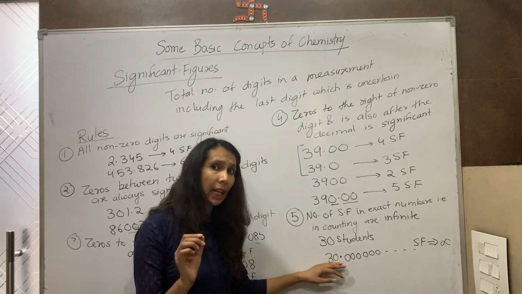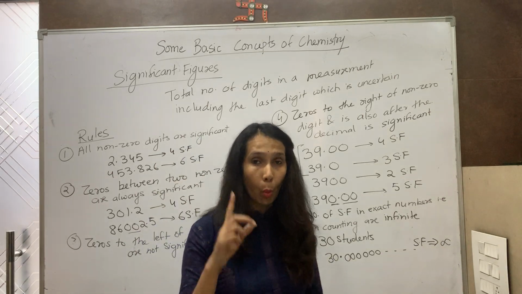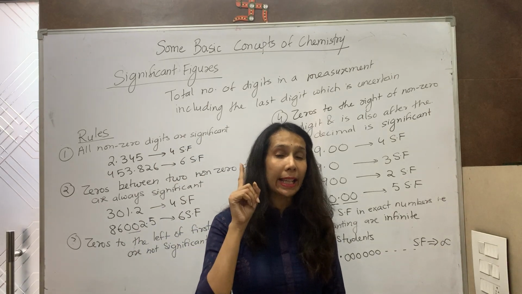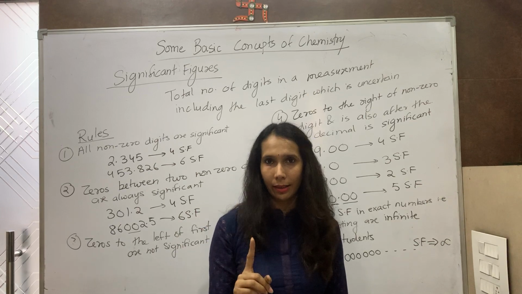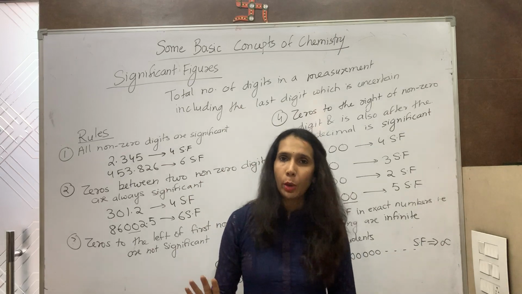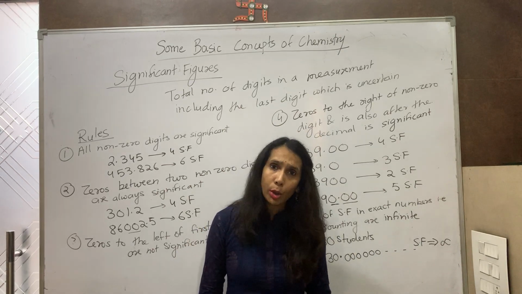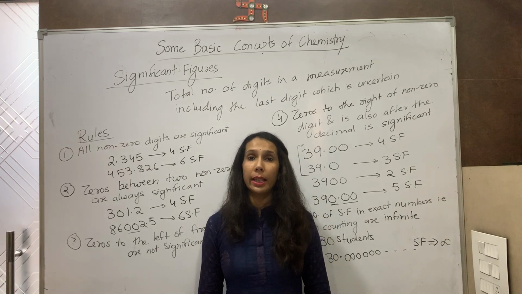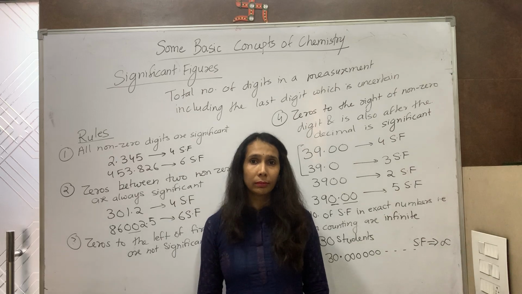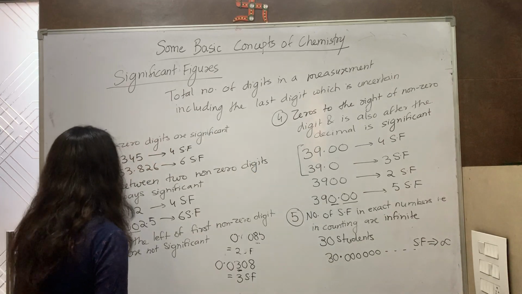Suppose I say a dozen, 1 dozen means exactly 12. 1 dozen can never be 12.1, 12.2, 12.3, nothing. It has to be an exact number. So number of significant figures in it will be infinite.